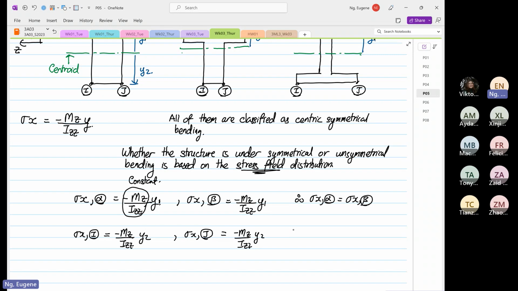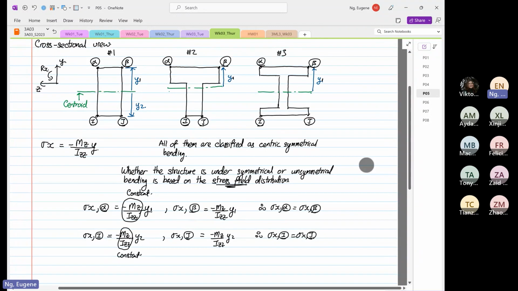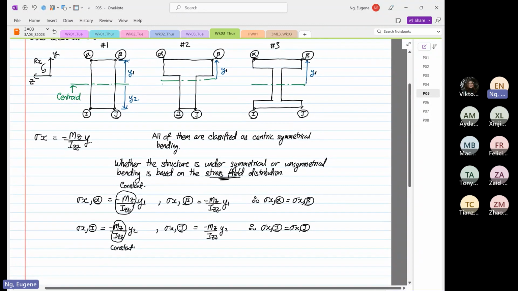Y2. So therefore, stress X at point I is equal to stress at point J. Again, Mz over Izz is a constant.